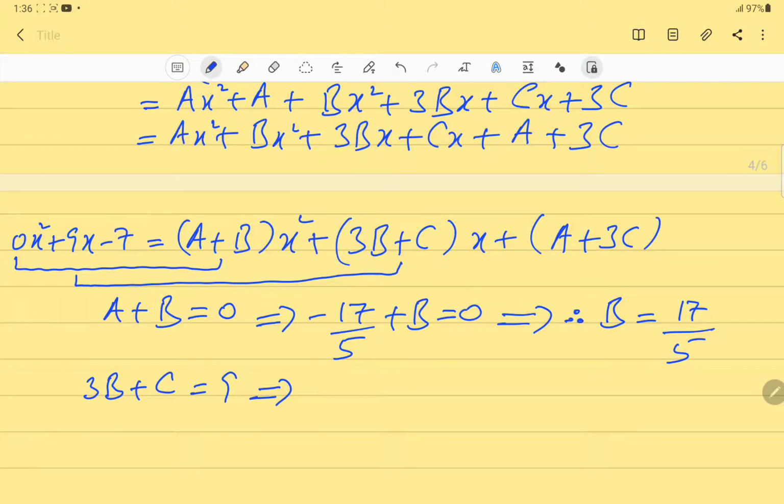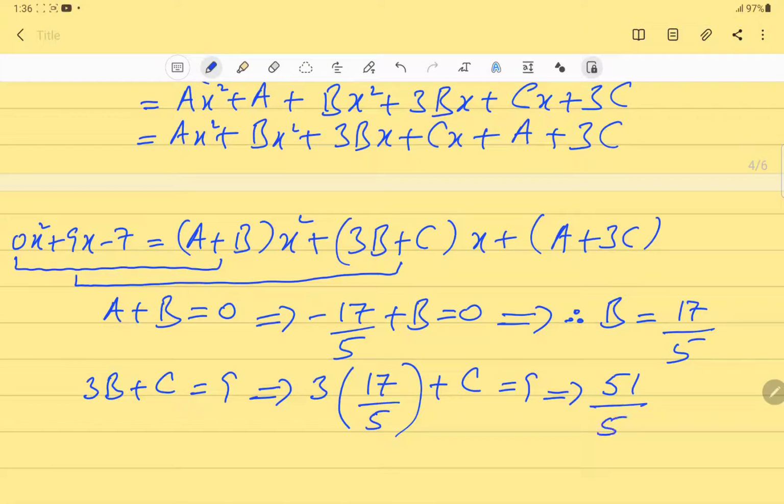We have the value of b, which is 17/5. 17 into 3 is 51, so 51/5 + c = 9.